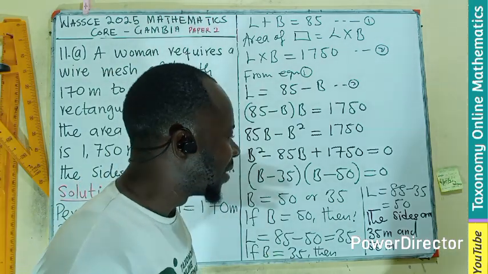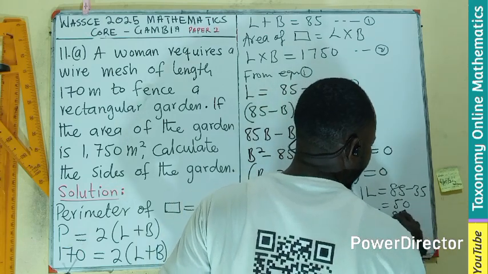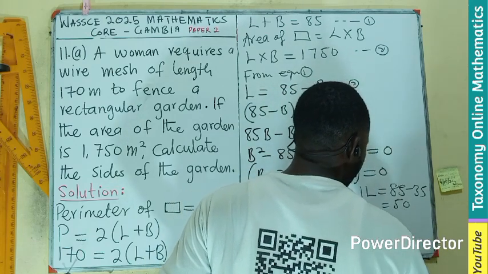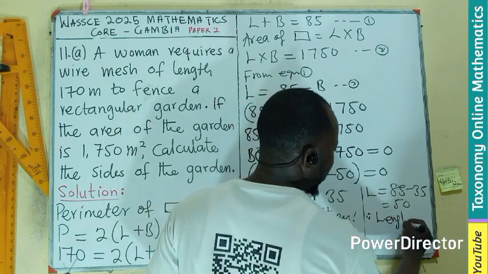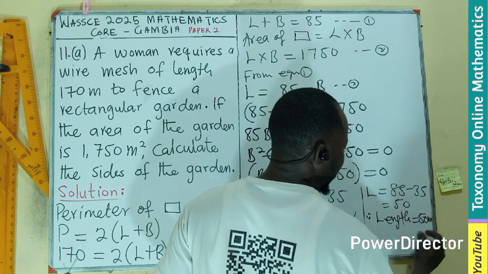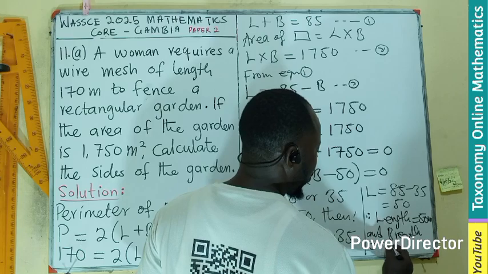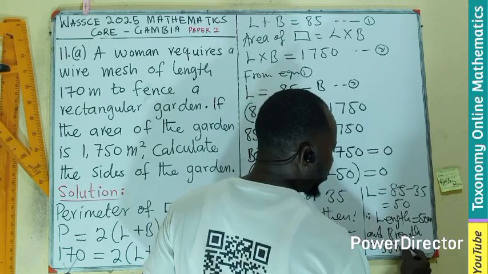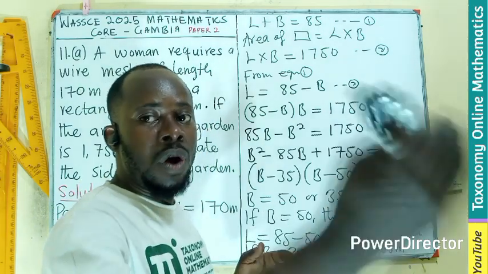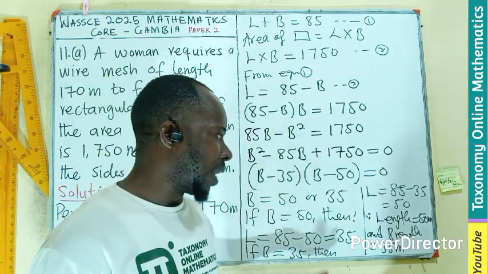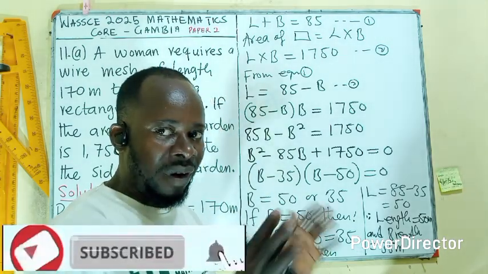So therefore, length equals 50 meters and breadth equals 35 meters, for proper context, because the length is always longer than the width or the breadth. So here the length is 50, then the breadth is 35, based on the rectangular shape.